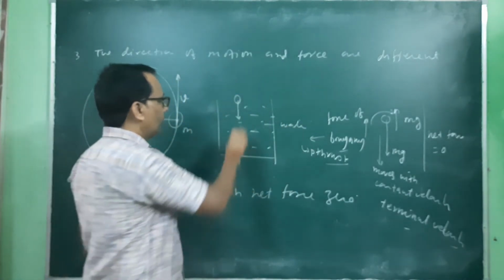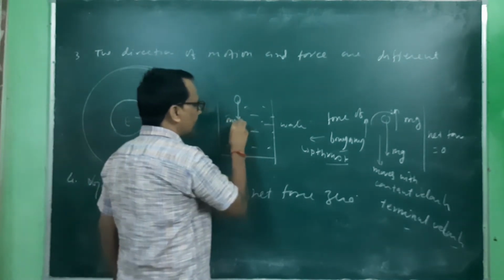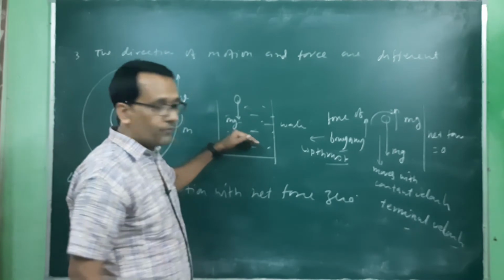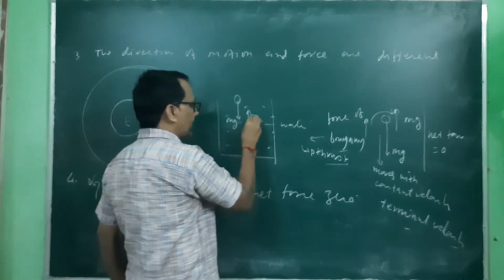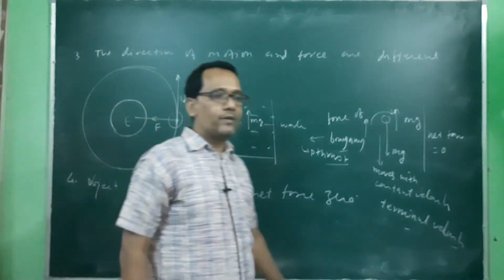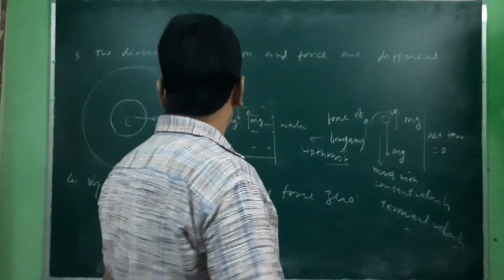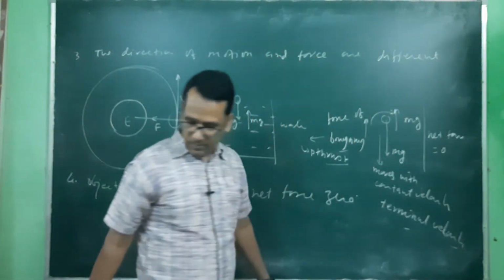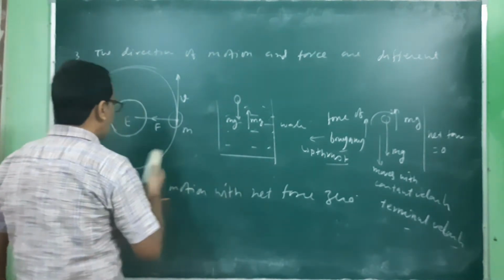One force applied toward the earth center is mg, and the upthrust force applied by the water is again equal to mg. Then this ball will move inside that liquid with a constant velocity. So this is the case. Okay, so these are different concepts of force and motion and different cases.